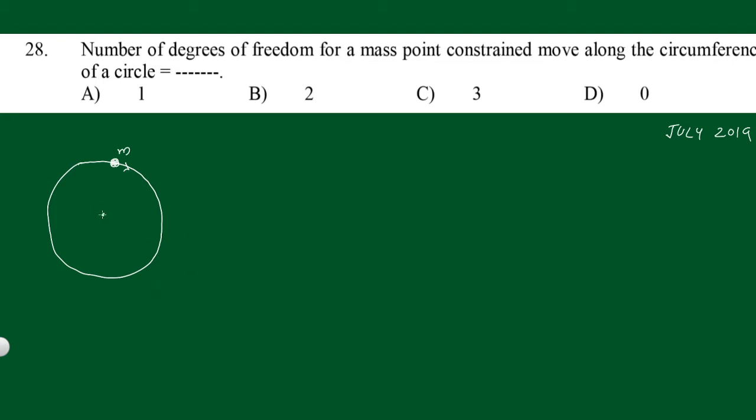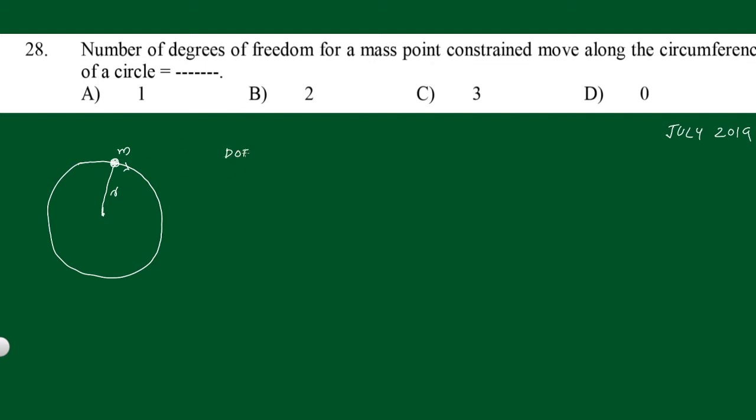Maybe the radius can be r. Now the question is we have to find out the number of degrees of freedom for this mass point. So first of all we have to know what the degrees of freedom is.